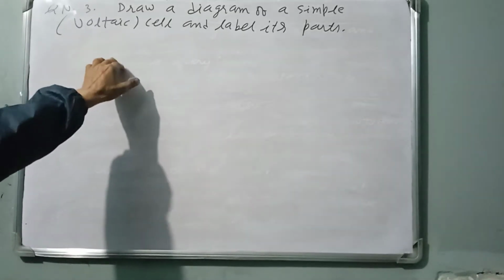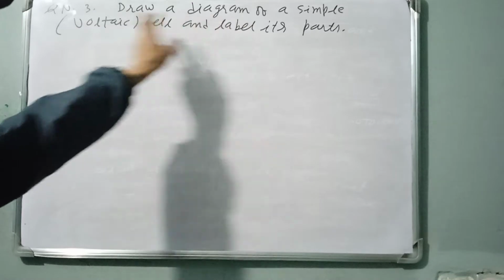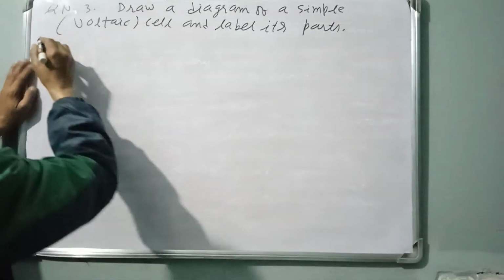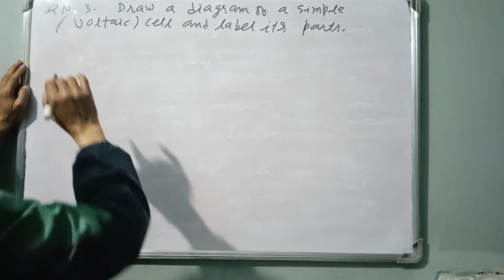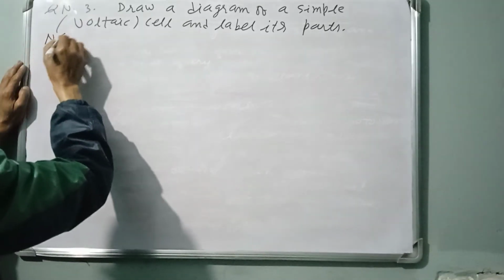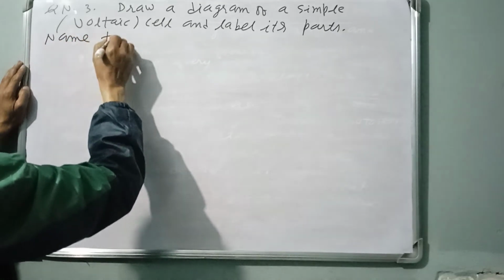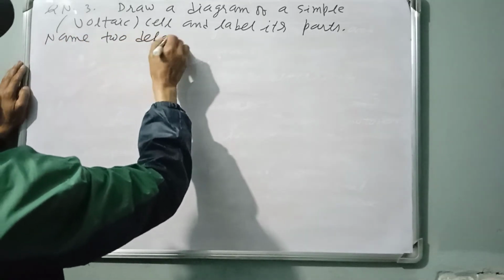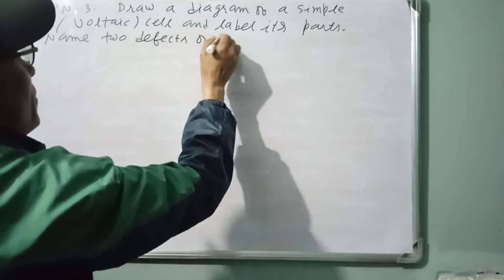Can you draw well? First of all, draw a diagram of a simple cell, a voltaic cell, and label its parts. Name two defects of it as well.